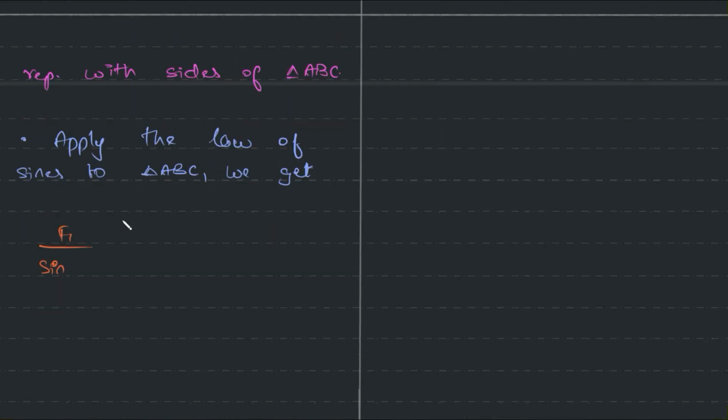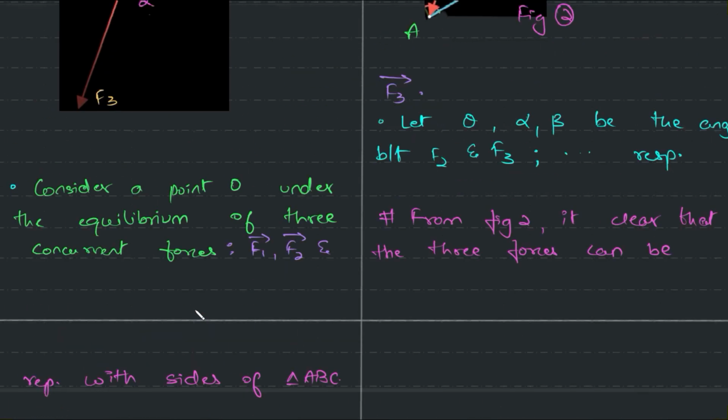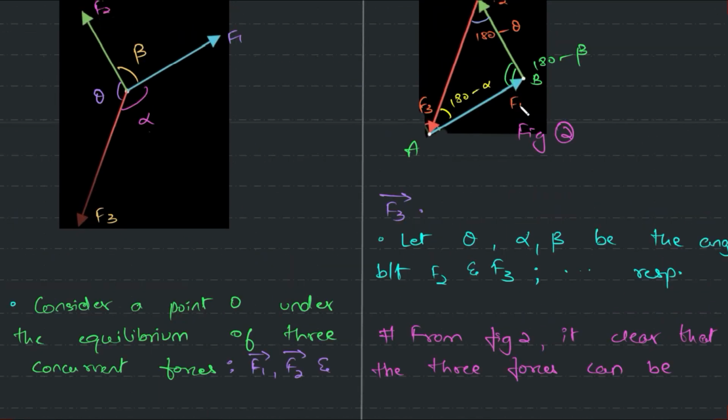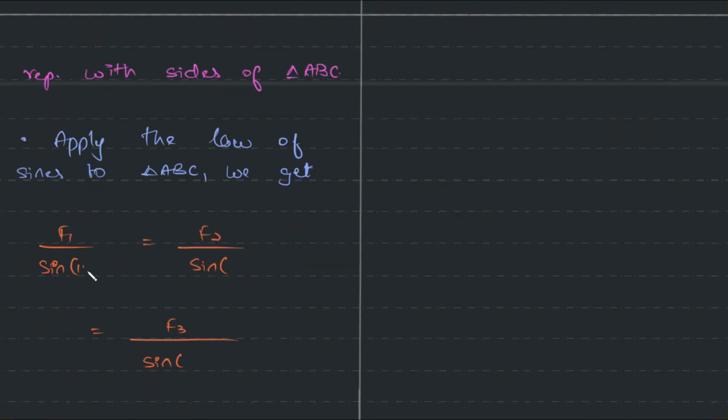So F1 by sine of something is equal to F2 by sine of something, and this is equal to F3 by sine of something. F1 is opposite to 180 minus theta, and then alpha and beta, so 180 minus theta, 180 minus alpha and 180 minus beta.